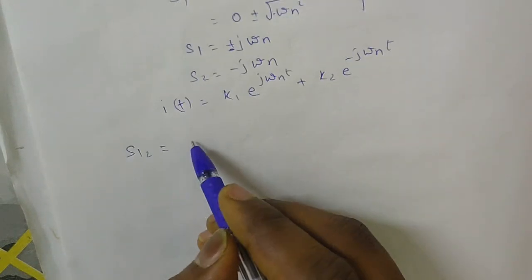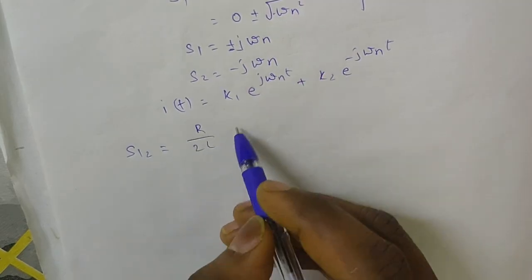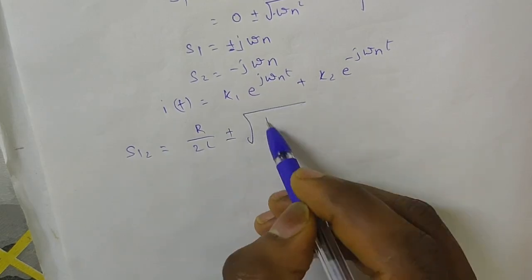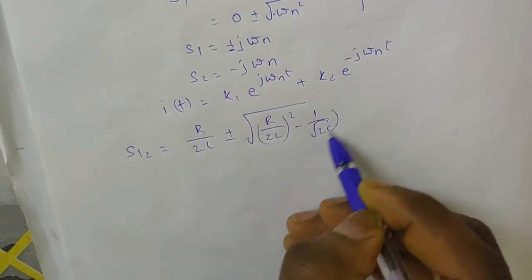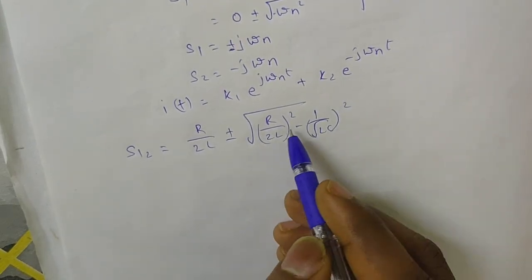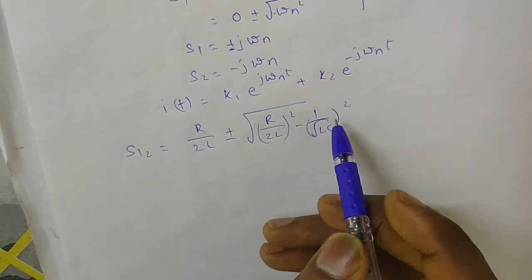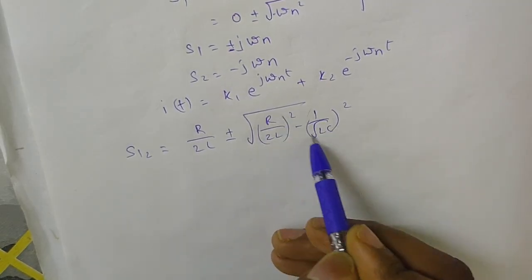For the roots, that is, minus R by 2L plus or minus under root of (R by 2L) whole square minus (1 by root LC) whole square, for these roots we can find the critical resistance, where this term will be equal to this term.